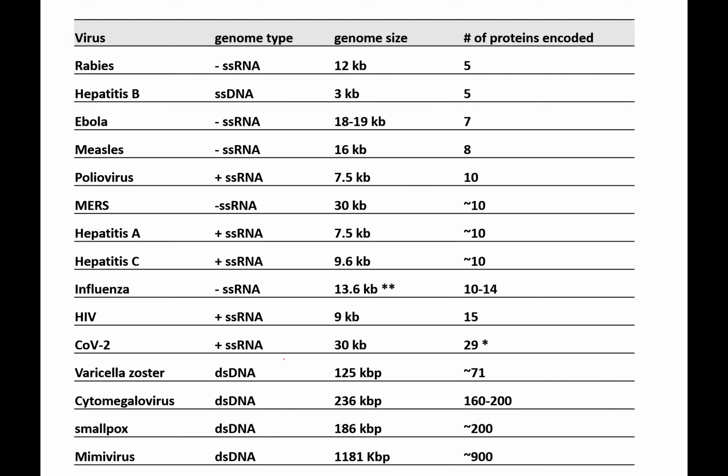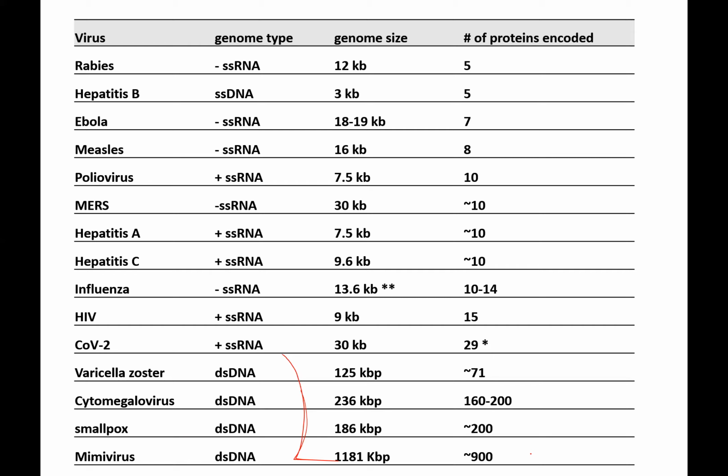The big double-stranded DNA viruses: varicella zoster, the chickenpox or shingles; smallpox, which we've eradicated; and there's that big Megamimimama virus. They're thought to encode about 900 of their own proteins, and this is one type of virus that we think can be infected by another virus.